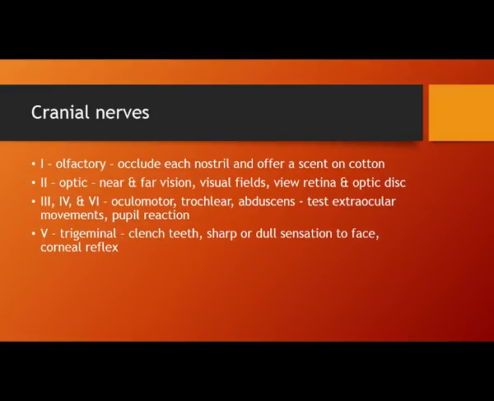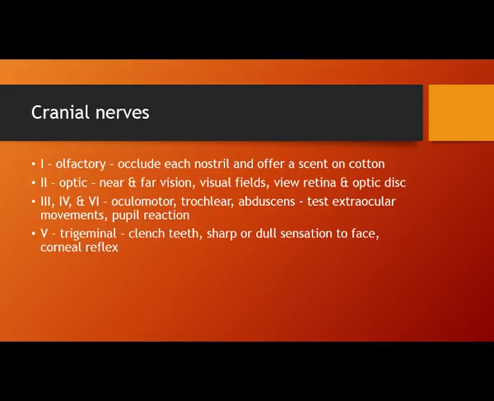We also test pupil reaction, and there are 3 different pupil reactions, which you shouldn't confuse. The direct response means I shine a light in your eye, and that eye's pupil constricts. The consensual response is I shine a light in one of your eyes, but the other eye constricts.